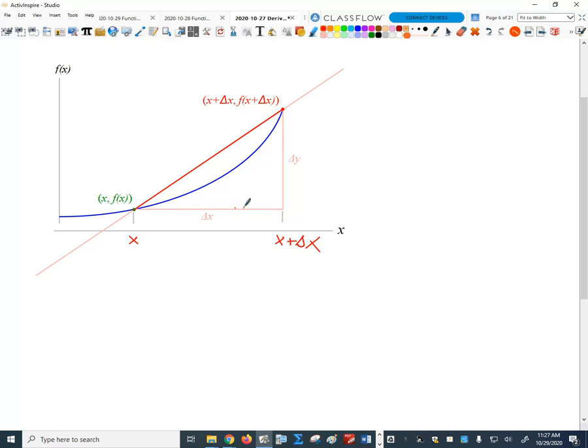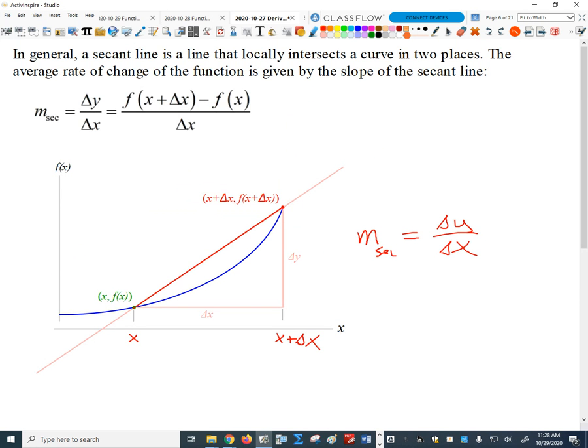The change in x, we already called delta x. So the slope of the secant line is just equal to delta y over delta x. Well, that's just this y value, which is f of x plus delta x, minus this y value, which is f of x, divided by delta x. That's what we call the difference quotient, and that's how we define the slope of a secant line.